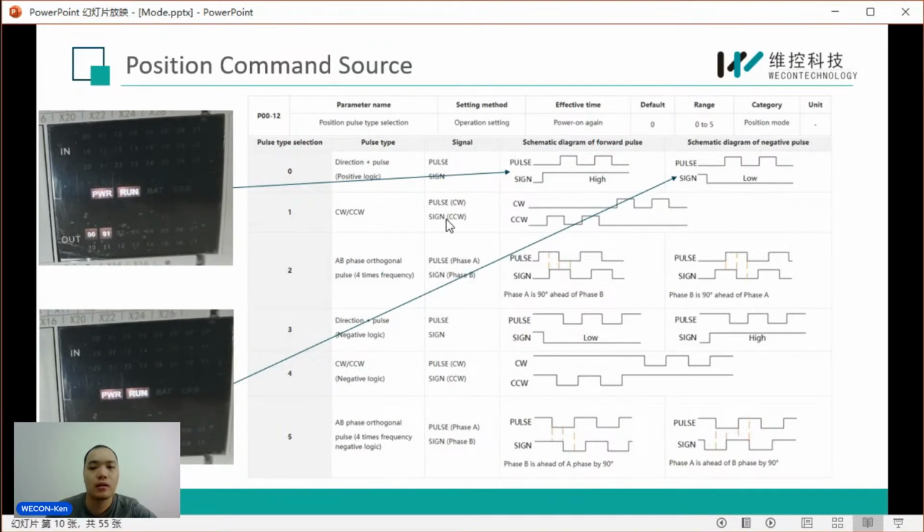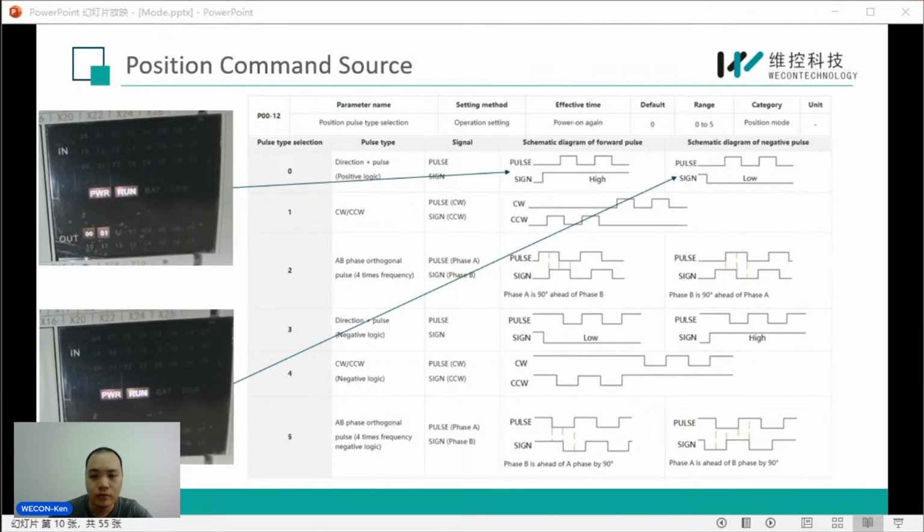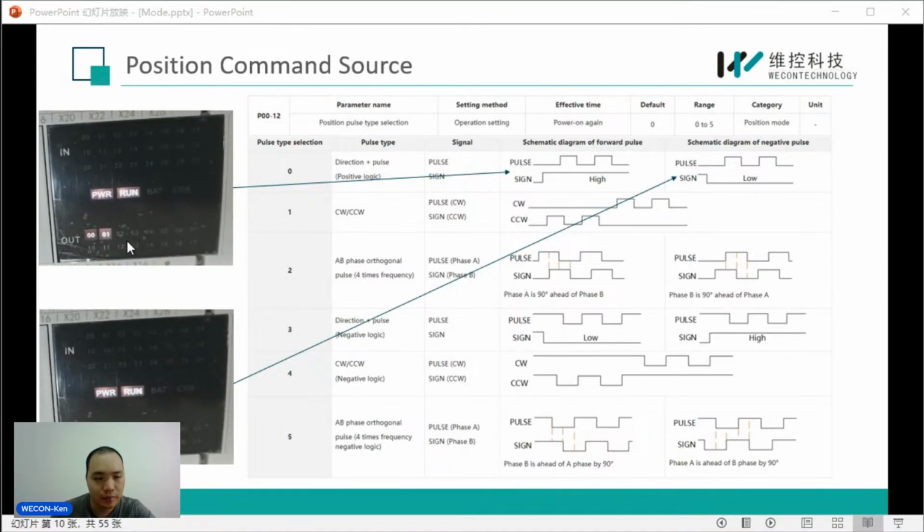This means one terminal sends the pulse, and one terminal sends the direction signal. You can see these two videos. For video 1, Y0 sends the pulse, and Y1 is the direction signal.